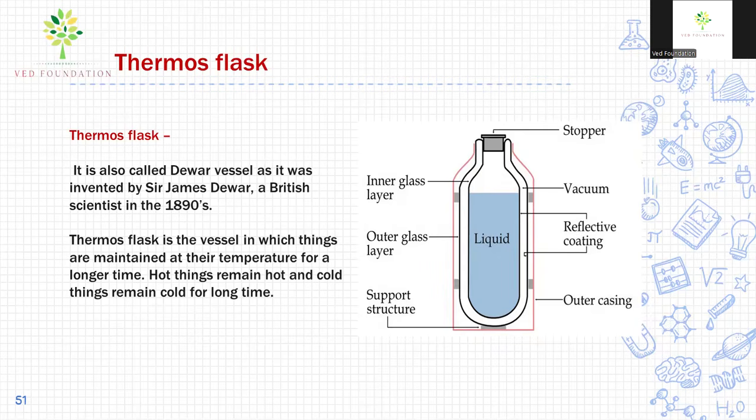Thermos flask. It is also called Dewar's flask, as it was invented by Sir James Dewar, a British scientist, in 1890. A thermos flask is a flask in which things are maintained at their temperature for a longer time. Hot things remain hot and cold things remain cold for a long time in a thermos flask.